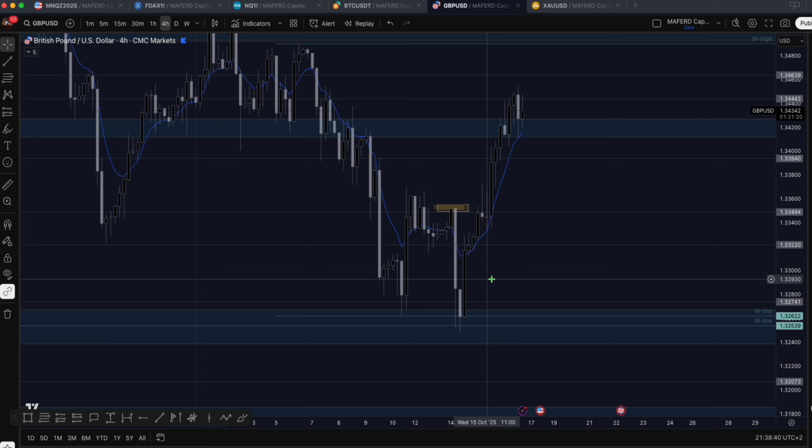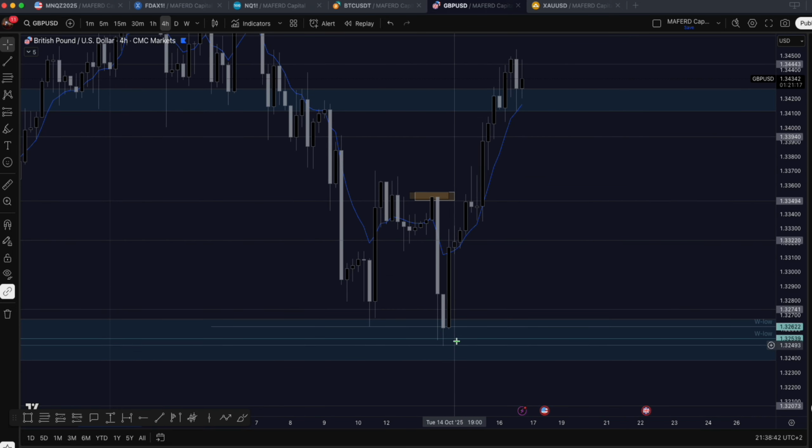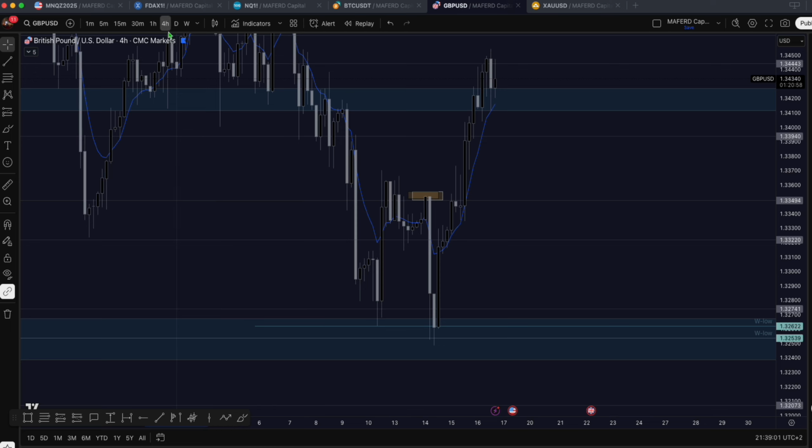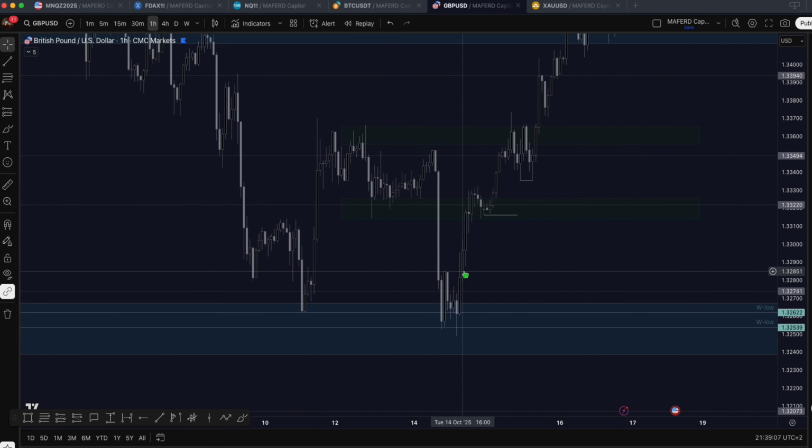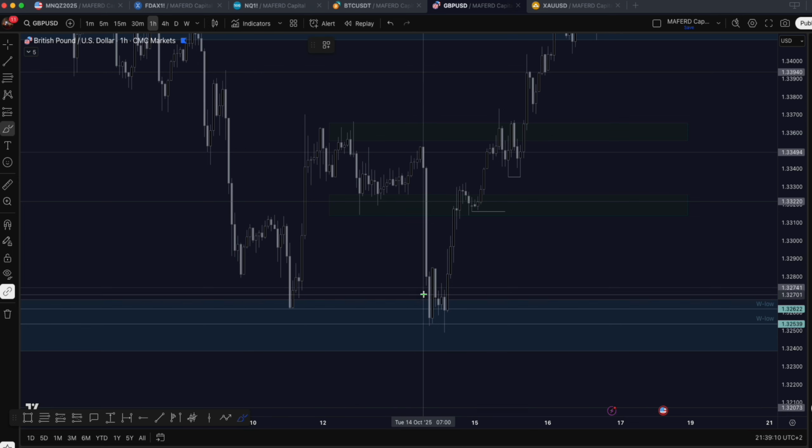After the price took the weekly lows right there, we saw a big push to the upside, which on the 4 hour time frame broke the previous high, giving us a break of structure. But if we go on the 1 hour time frame, we can see a very beautiful break of structure and also the confirmation of the bullish change of structure, basically.